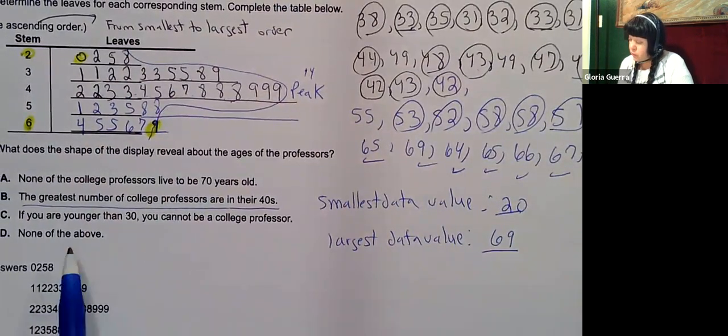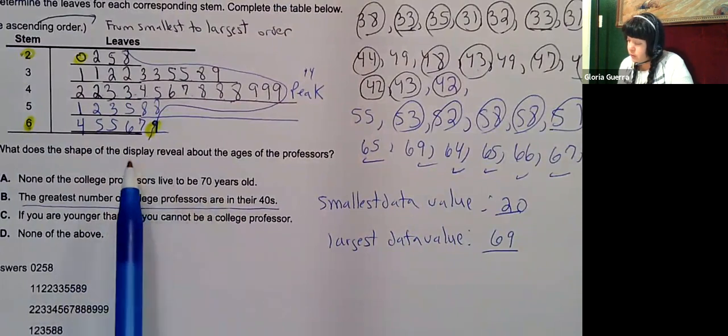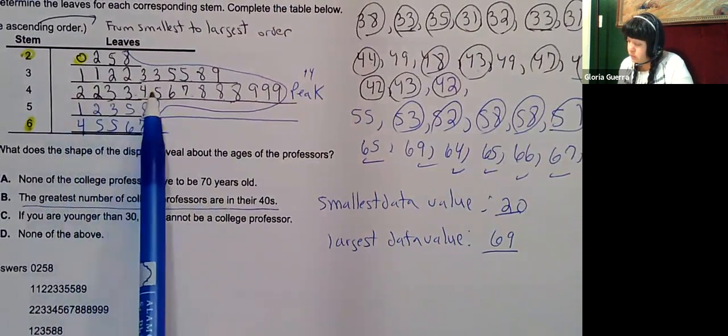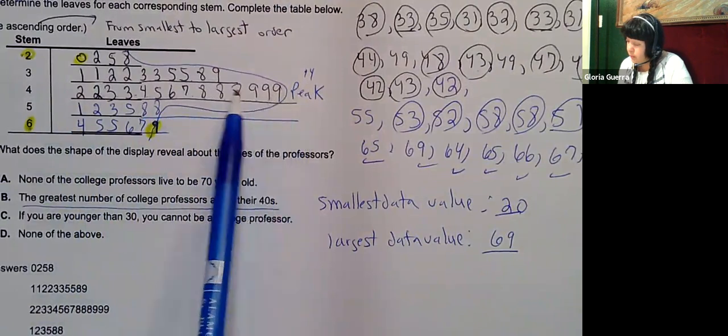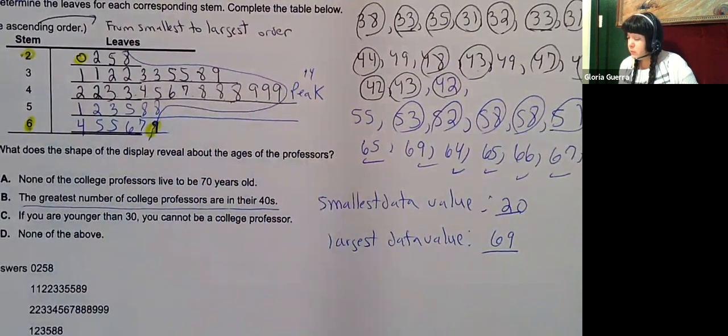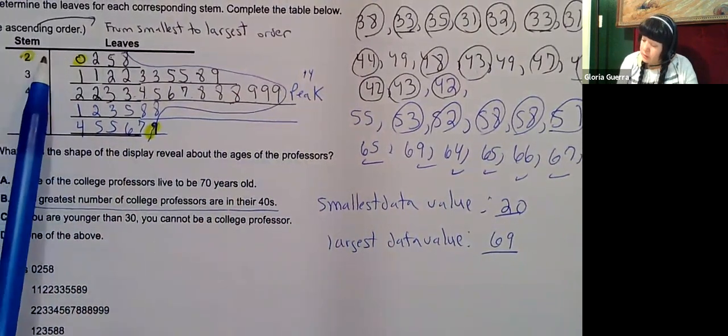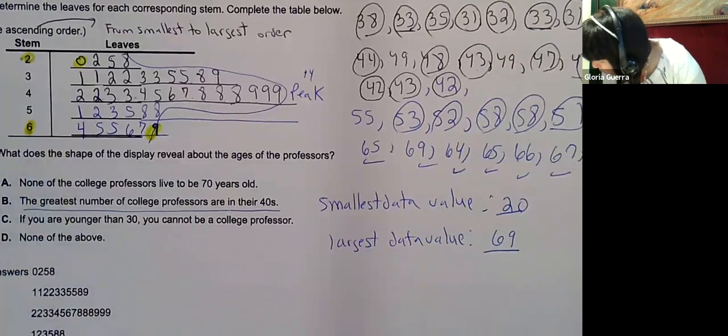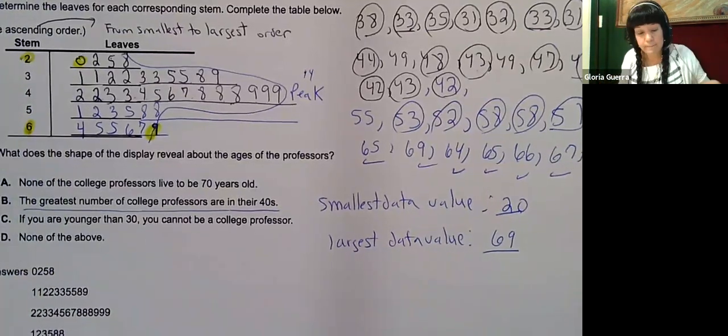So it's true, the greatest number of college professors are in their 40s, because this is the longest, the 14 peak. But the smallest data value is 20, and the largest data value is 69. Okay? Right. Okay.